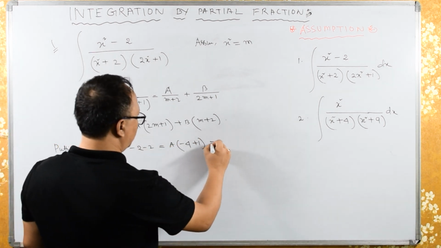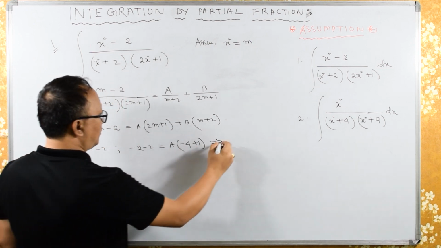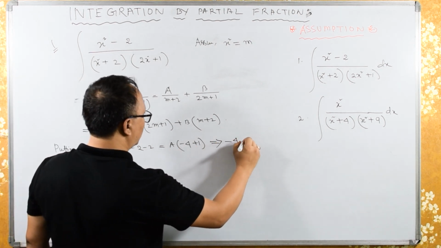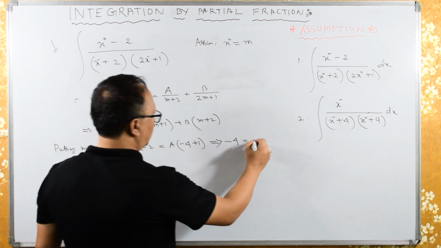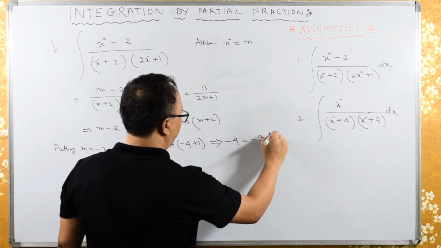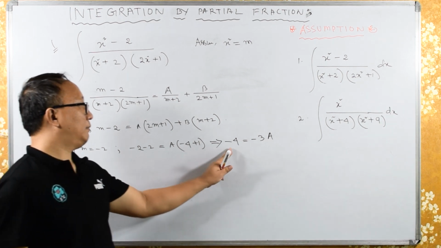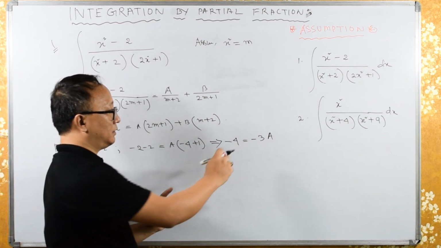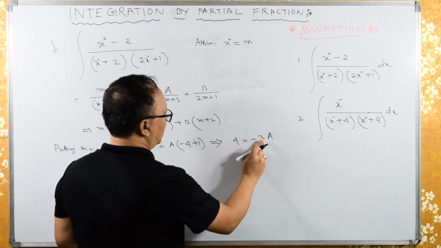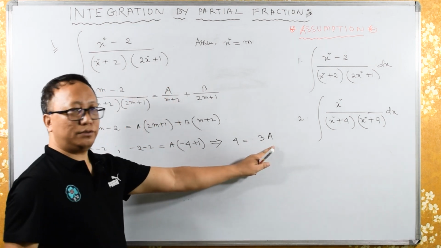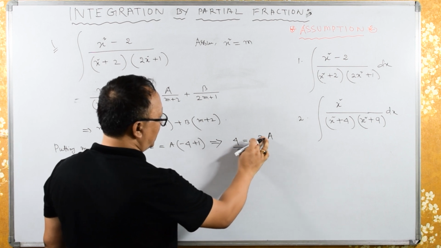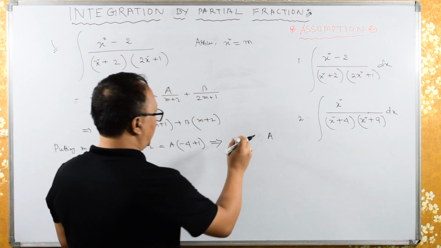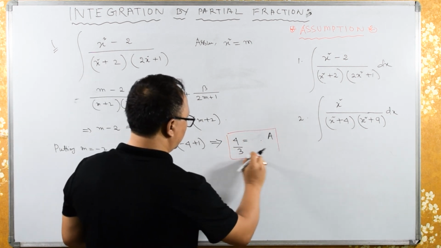So −4 = −3A, since −4 + 1 is −3. Therefore A = 4/3.